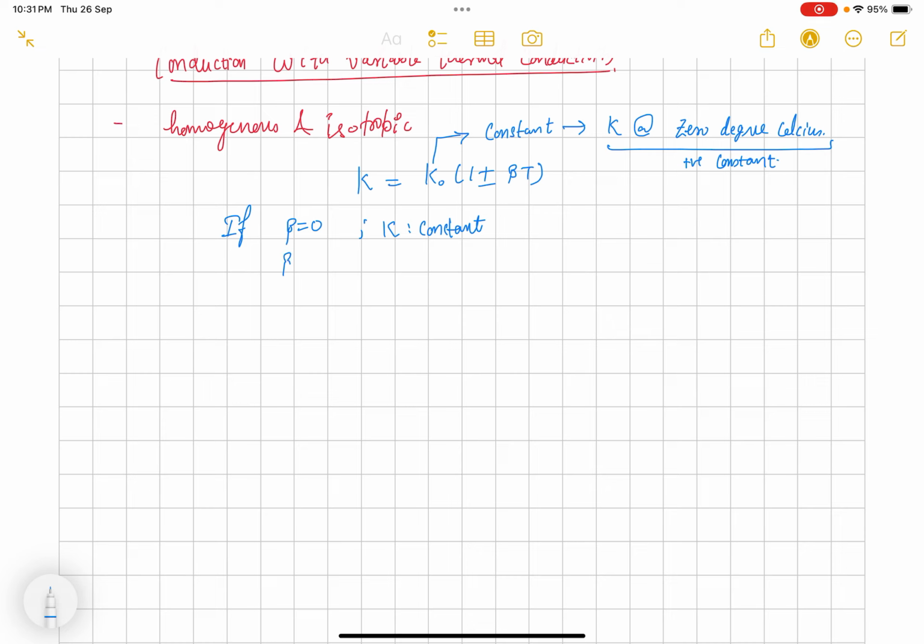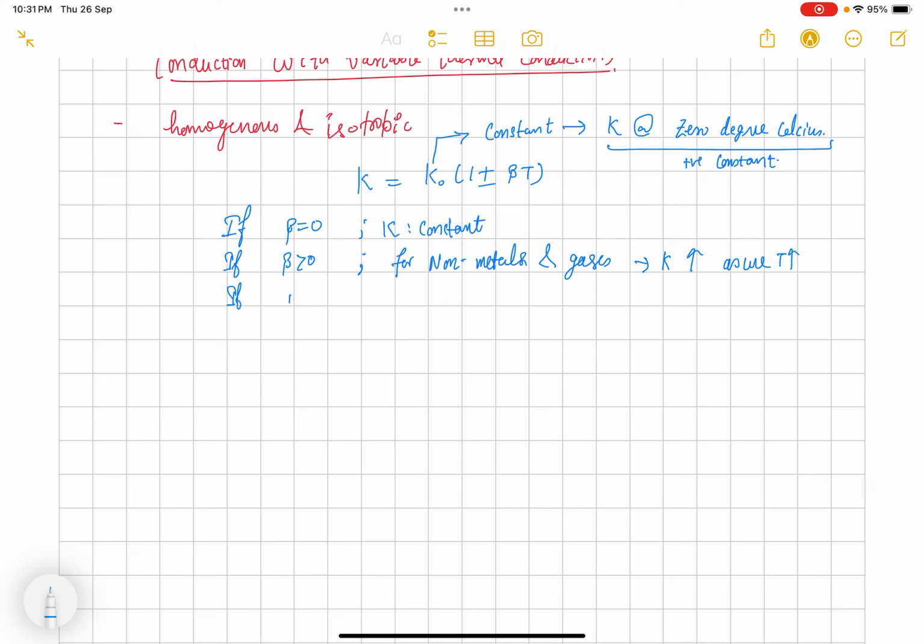And if beta is positive, for non-metals and gases, thermal conductivity increases as we increase the temperature.